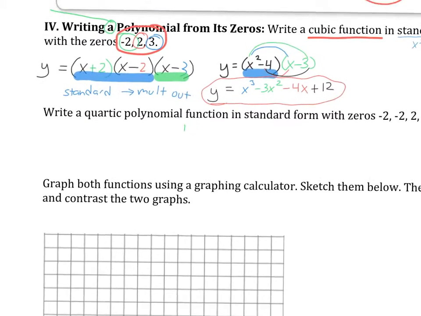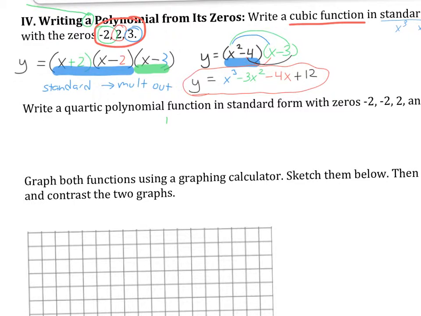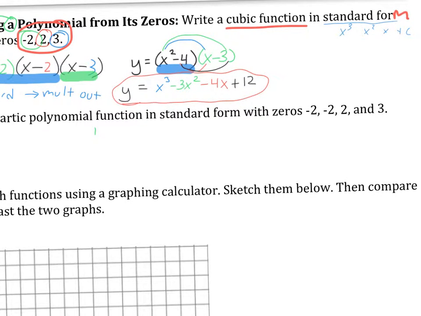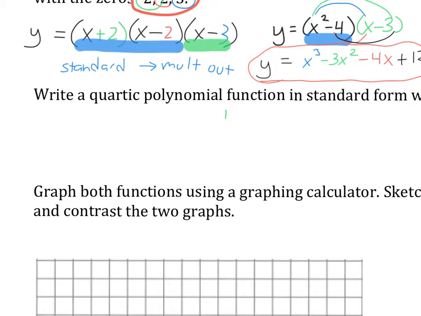And now the next part is asking us to write a quartic polynomial function in standard form with the zeros -2, -2, 2, and 3. Now notice what's going to happen here. I'm going to go ahead and write the function as we did at the very beginning, where we just use the factors.